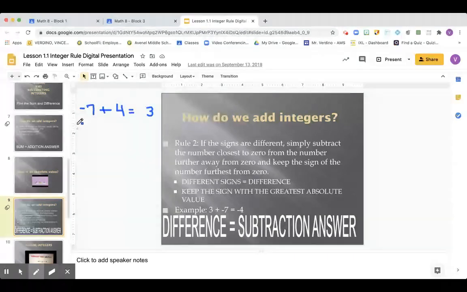So I know the 7 is a bigger number, okay, regardless of its sign. So this is going to be a -3. Now again, if this confuses you, think about money. If you owed me $7, but then you paid me $4, you now only owe me $3.